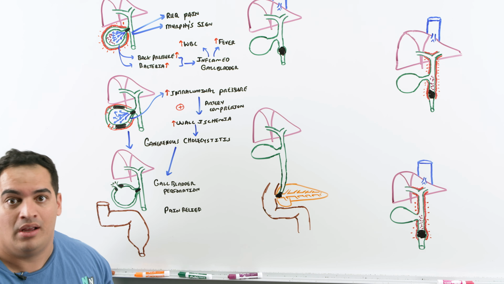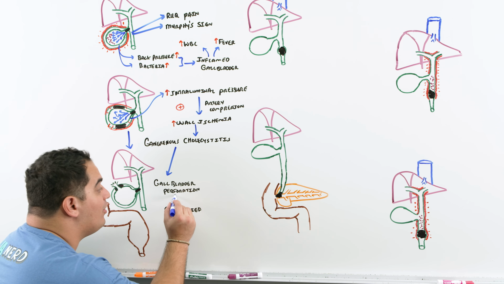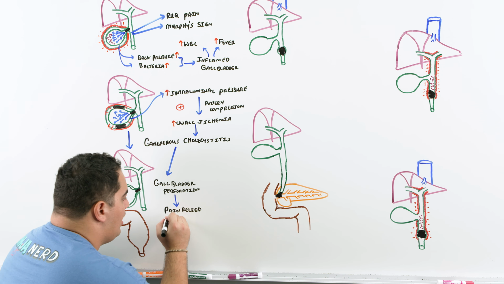But look for a temporary or transient pain relief, or if they have right upper quadrant abdominal pain, that could be a signal. Here, I'll write this down. This could signal the fact that this patient has developed a gallbladder perforation, okay? So that's one complication.